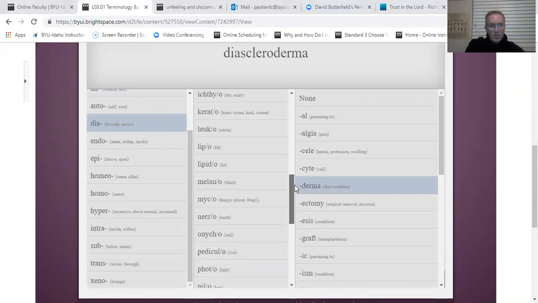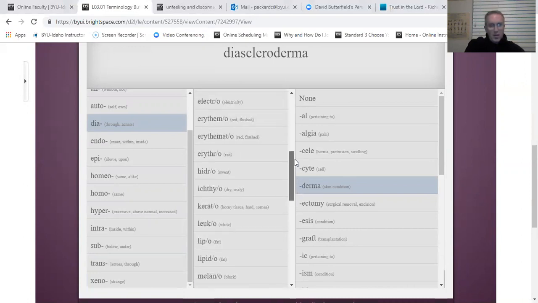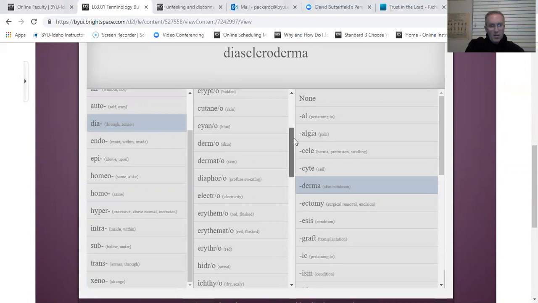Let's look at dia. Actually, let's use diaphoro. Diaphoroderma. Ignore that part right there, but that would be profuse sweating of the skin. Okay.